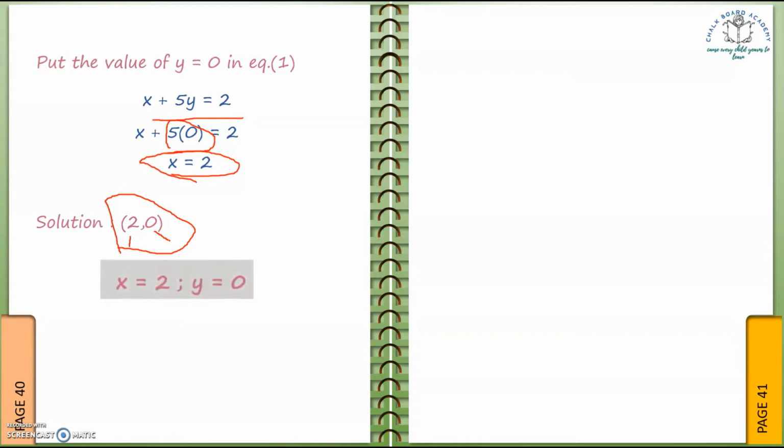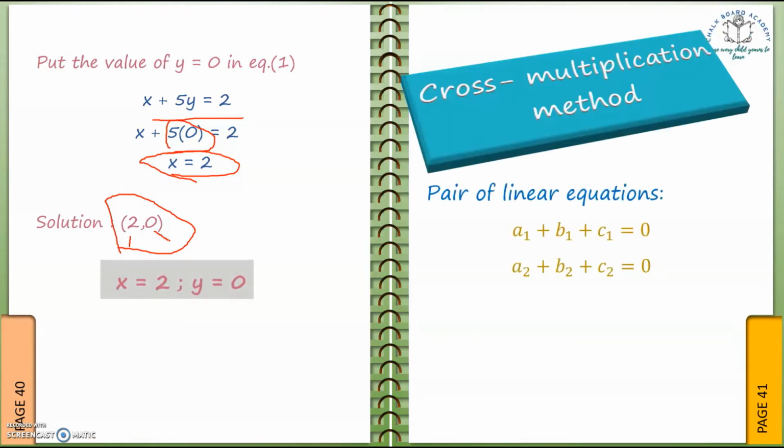Now we have another method called cross multiplication. To understand this, I have simplified it in a certain formula. Here we denote linear equations in this way: a1x plus b1y plus c1 is equal to 0, or similarly a2x plus b2y plus c2 is equal to 0. So these are two linear equations.